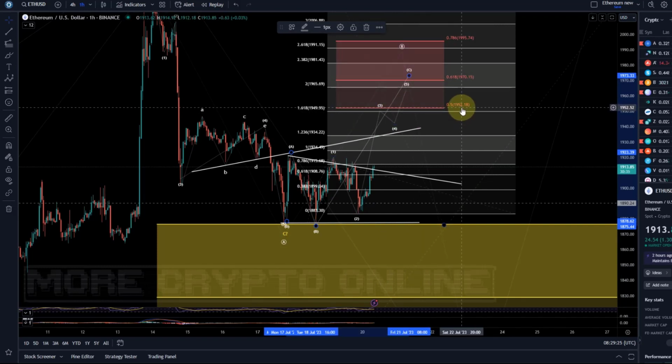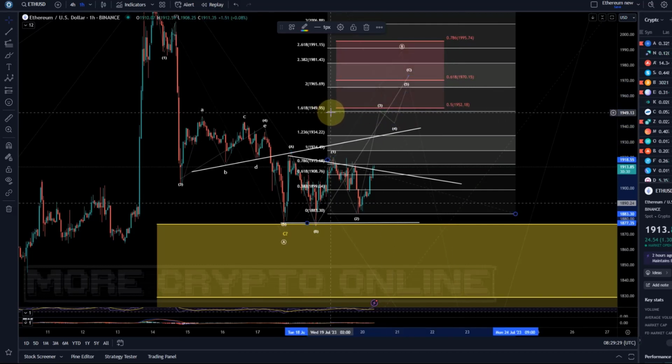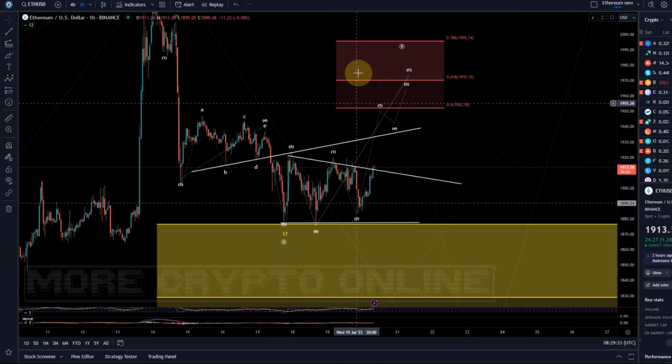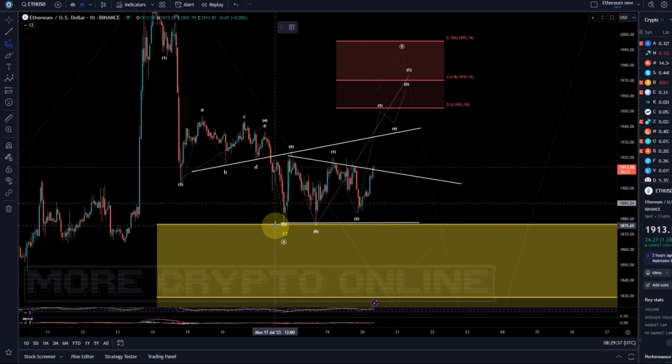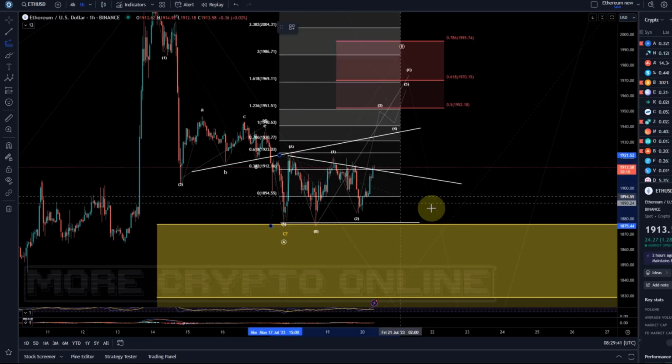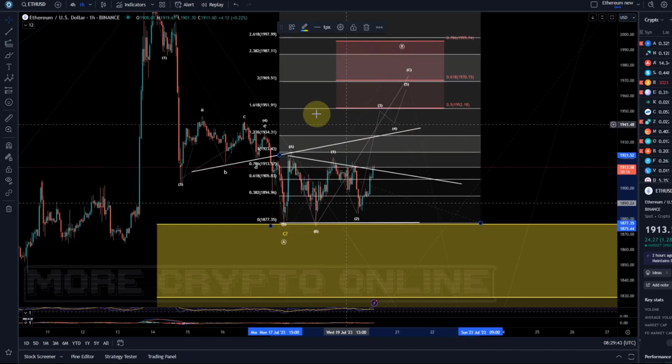It's not only the 50% retracement, it's also the 1.618 extension of the wave 1. It's also the 1.618 extension of the wave A. We looked at that yesterday, because I can take the length of the A wave, plus or minus a couple of dollars, and it's also 1950 pretty much. So there's an area of confluence. If price can indeed push a little higher, it has a good chance to get there.